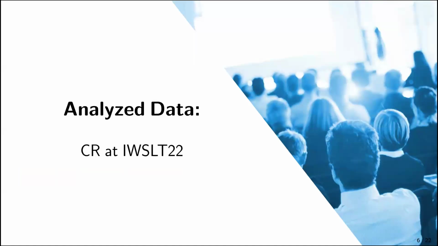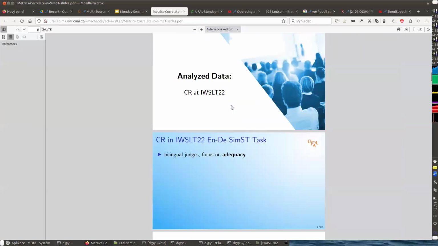So in summary, I will skip the rest of this presentation in favor of the next ones. You realize that the machine translation metrics really correlate with continuous rating, and we can take this as a fact that they are reliable for assessing the quality of current simultaneous speech translation systems.